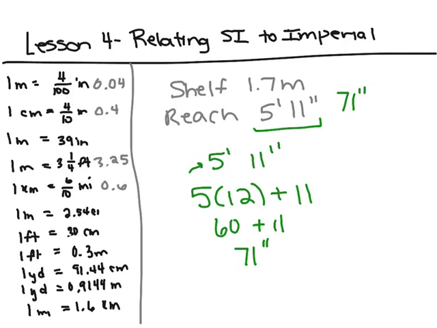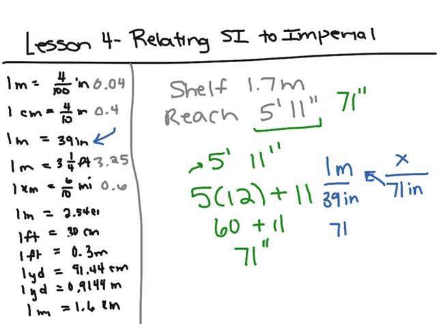Now we're going to look at our table of rates, and we want to find the one that compares inches to meters. So right here, 1 meter is 39 inches. So we're going to use that proportion. And we need to know the meters, and we know she is 71 inches. Now we're going to cross multiply.